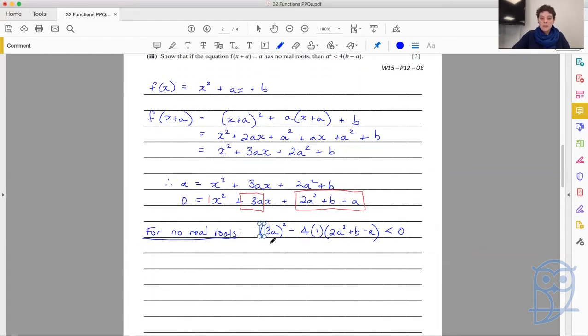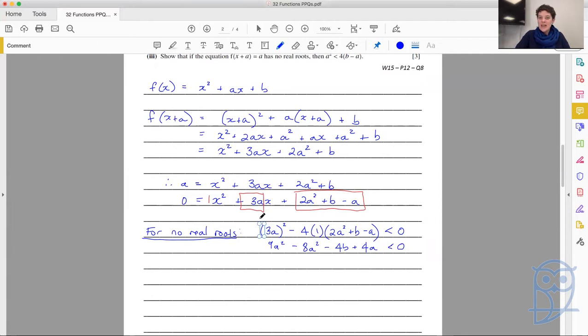Now we open up. So (3a) all squared, 9a squared minus 8a squared minus 4b plus 4a less than 0.